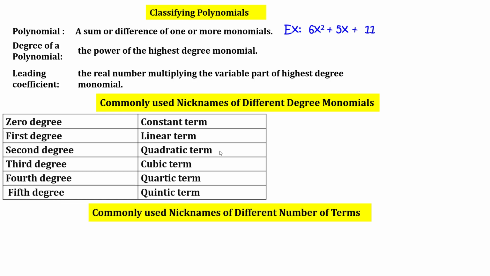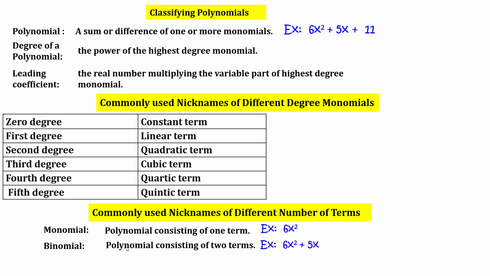And then commonly used nicknames: if you have a polynomial consisting of just one term, it's called a monomial. So this is an example, just 6x squared. If you have a polynomial consisting of two terms, you call it a binomial. So 6x squared plus 5x is an example of a binomial. If you have a polynomial consisting of three terms, we call it a trinomial, 6x squared plus 5x plus 11.